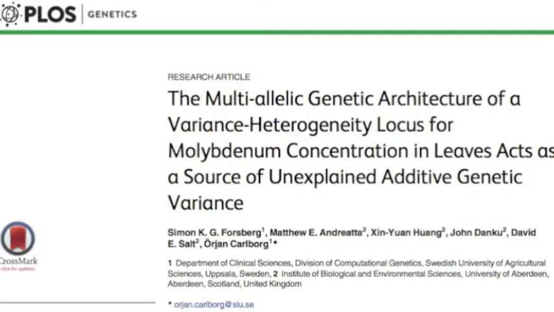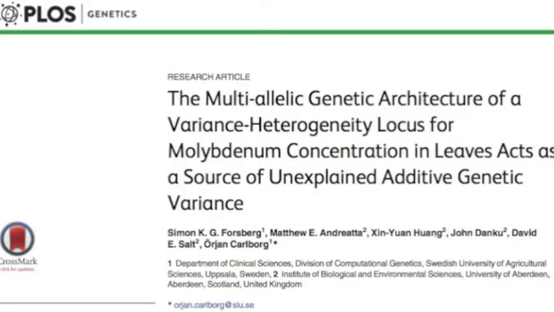Our focus is on the ionome, and particularly in this paper, the accumulation of molybdenum, an essential micronutrient important for a couple of critical processes in plants, including nitrogen assimilation, ABA biosynthesis, etc. We measured the molybdenum levels in the leaves of plants all grown in a common garden in the greenhouse.